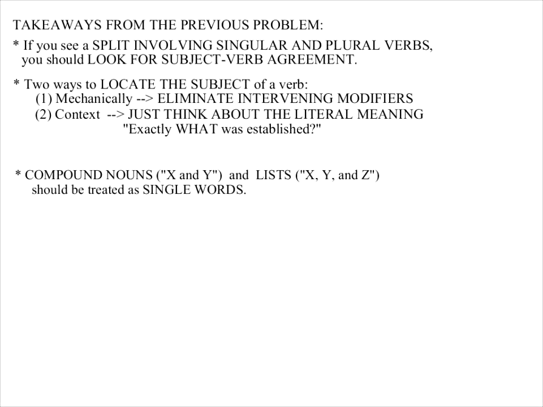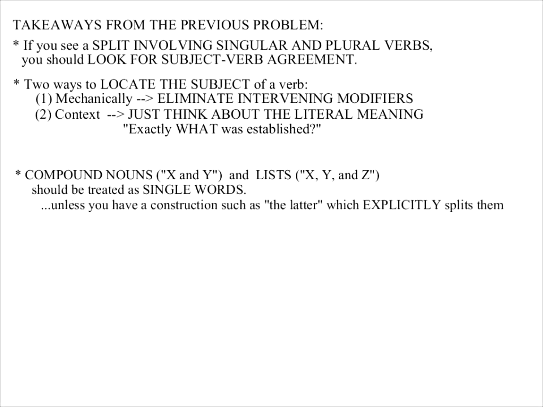Okay, unless you have some sort of construction such as the latter, or the former, which explicitly splits them. And then the other takeaway is if, in sentences such as X is or are Y, if X is eligible to be the subject, then X is the subject.